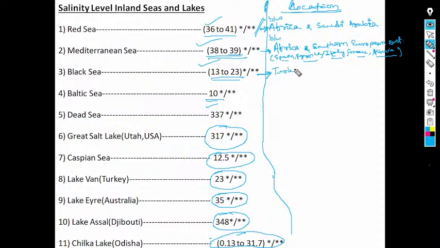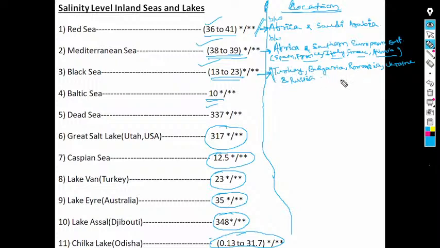It is Turkey, Bulgaria, Romania, Ukraine, and Russia.